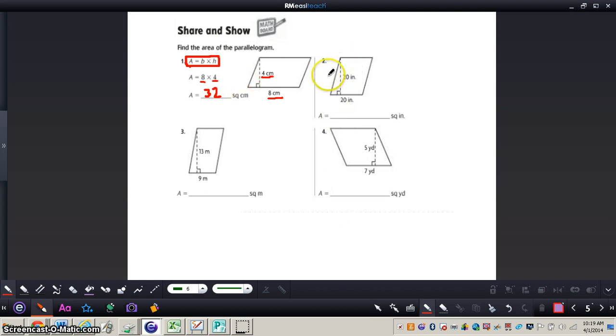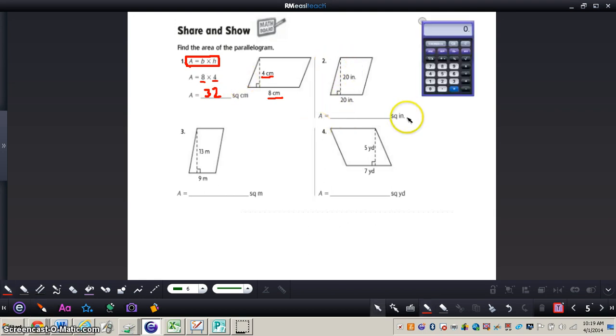Okay, let's take a look at number 2. For number 2, the first thing that you will need to do is write out the formula. And I want you to do this for every problem here. Area equals base times height. Just want to get that ingrained in your memory here for a parallelogram. And then from here, we're going to plug in our numbers. A equals 20 times 20.